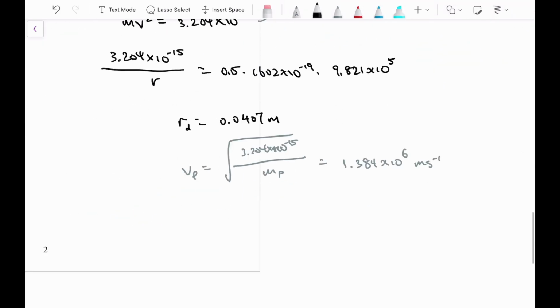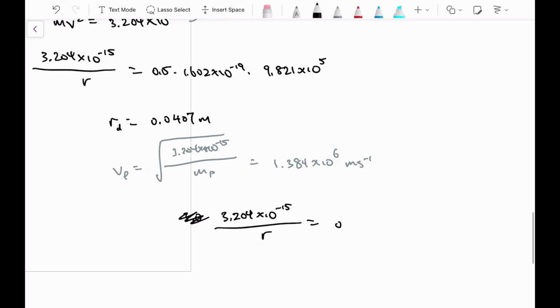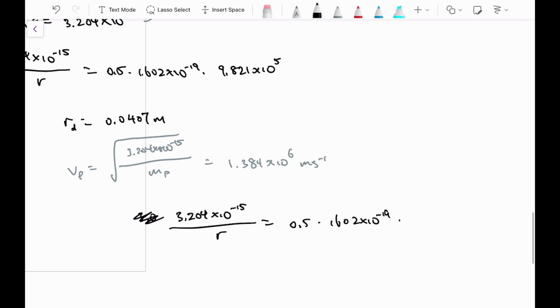So the equation on the left side is just the same thing over r is equal to 0.5 times the elementary charge, so that's exactly the same thing except the speed.